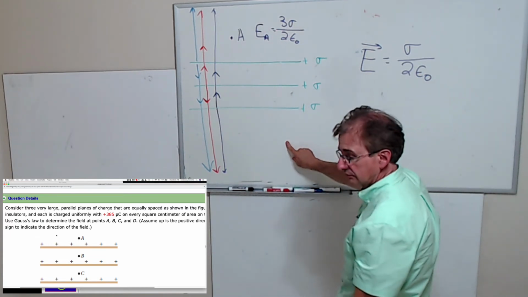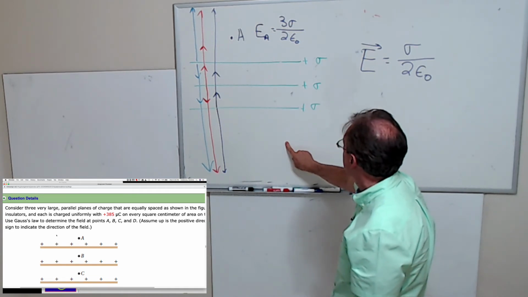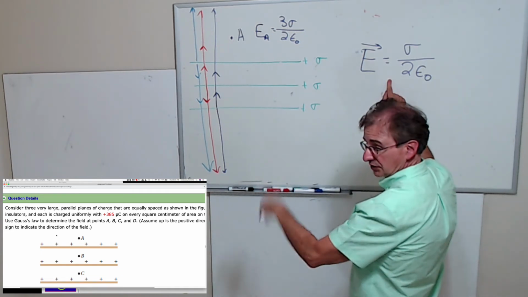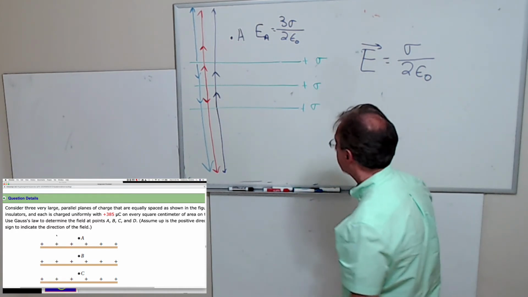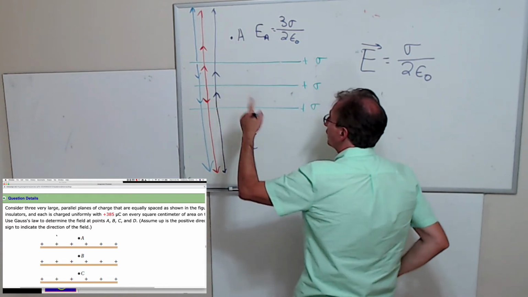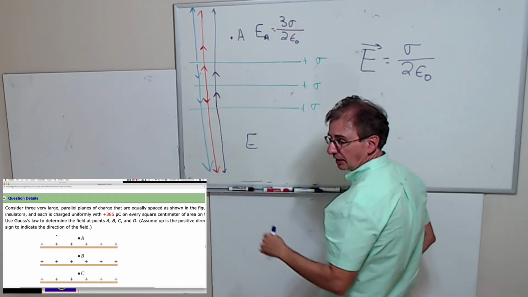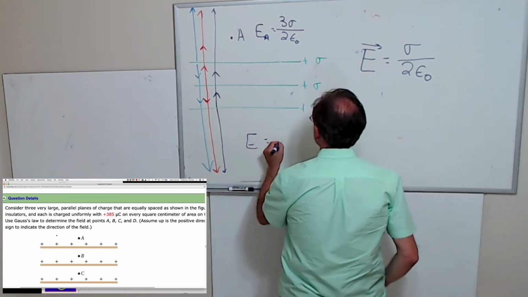Down here, the field is going to be 3 times this number, but it's going to be pointed down, meaning negative. And because we're dealing with one dimension, I'm not going to write a unit vector. I'll just use the plus and minus for the direction.